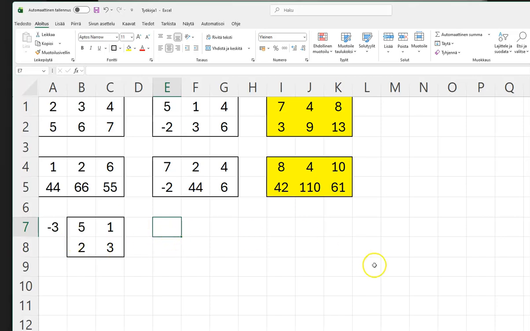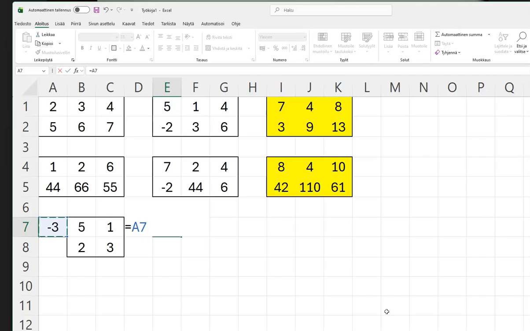To do this with one command, you just pick that -3 and then you know that you need to use the same -3 all the time. So you multiply all the elements inside that matrix by this -3. Then I have to use the function buttons here.